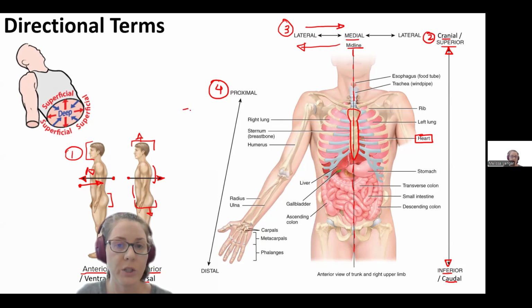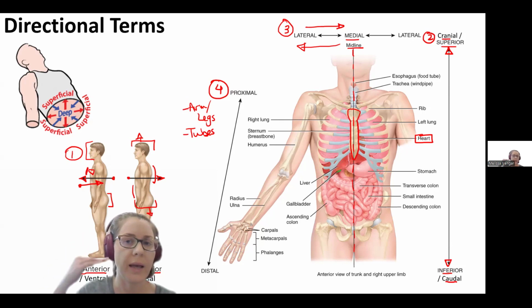One is for your appendages, for arms or legs. If you have something connected in a tube, then you also use proximal and distal. So I wouldn't say my head is proximal to my feet. I wouldn't say my feet are distal to my head because I have better terms, and those better terms are superior and inferior.